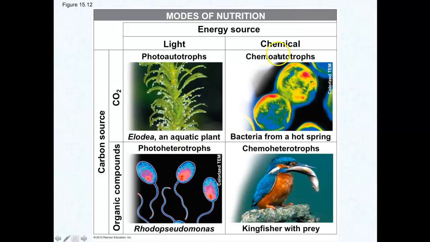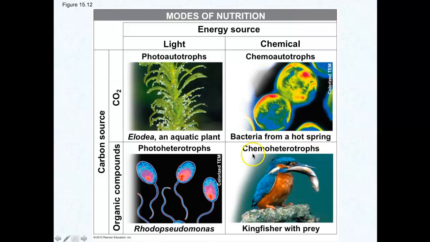Then on the other side, if you get your energy from breaking down chemicals like food, then you're chemo. Some chemo organisms are autotrophs, so they can take in inorganic molecules from the atmosphere or from their surface, like rocks, for example, and they can build their own organic molecules. So that's a chemoautotroph. This is another weird box because we're just not around organisms that do this.